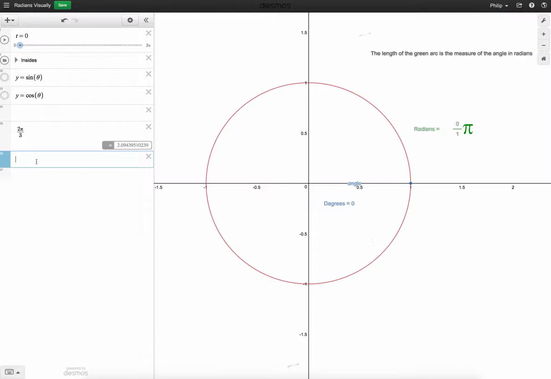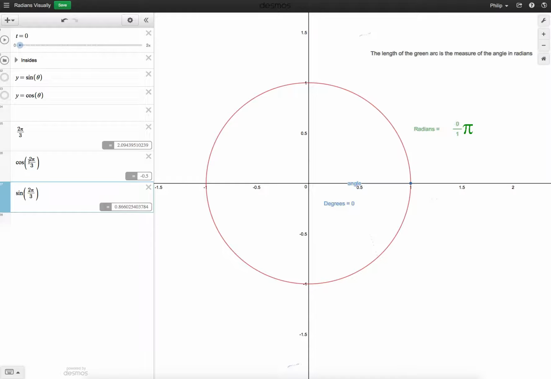And my prediction is that the x-coordinate of that point is going to be negative 0.5, and the y-coordinate of that point is going to be 0.866. And so this is how we define these two functions, sine and cosine.